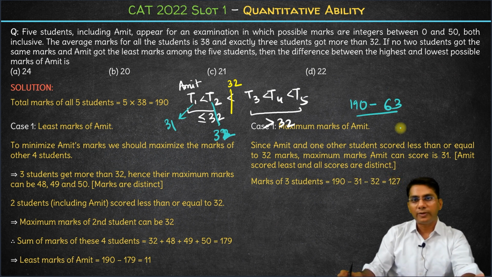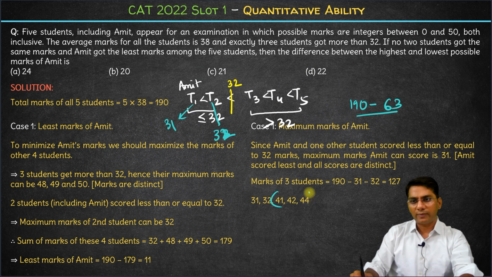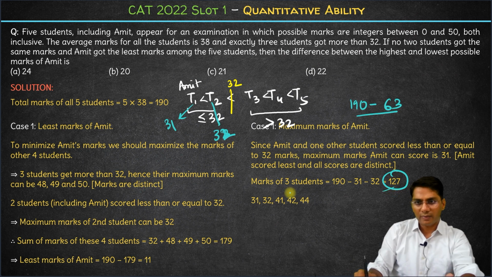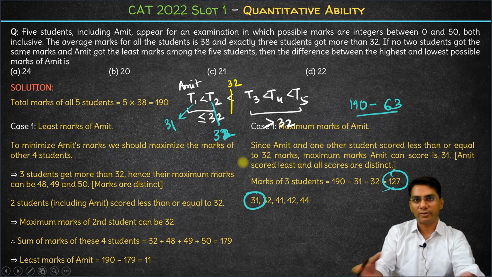Is it possible for the remaining students to get 127 marks? Yes, it is possible. You can make a lot of cases, one of which is 41, 42, 44. So this is one case where Amit can get 31 marks, hence the maximum marks Amit can get is 31. Obviously more than 31 is not possible.